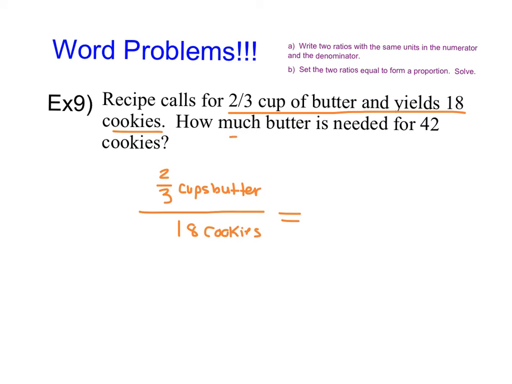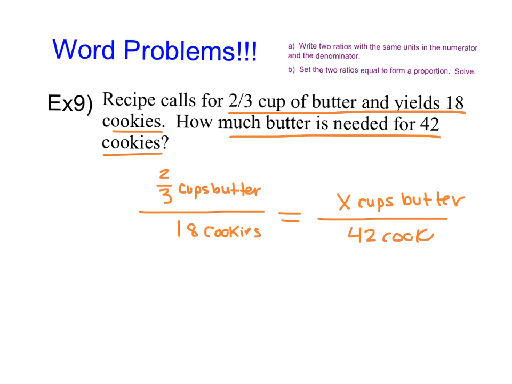It says how much butter is needed for 42 cookies. So how much butter? So I have x cups of butter, because I don't know how much butter I need, and then 42 cookies. And then I look at my two ratios and I make sure that both are set up the same, which they are. We have cups of butter in the numerator and cookies in the denominator for each.